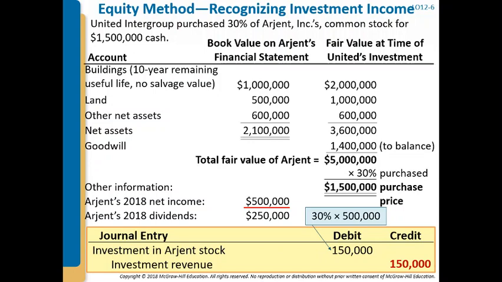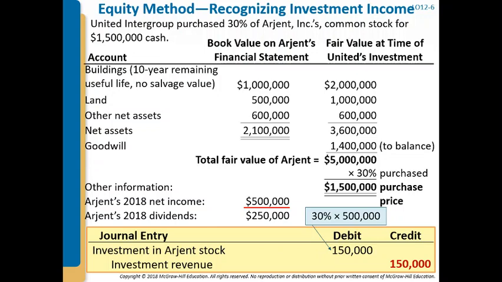Because United owns 30% of Argent's stock, they are going to recognize investment revenue and increase their investment in Argent stock by 30% times Argent's net income. And so that being $150,000, they're going to debit investment in Argent stock $150,000, and they're going to recognize investment revenue of $150,000.